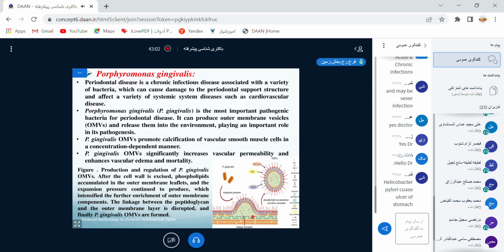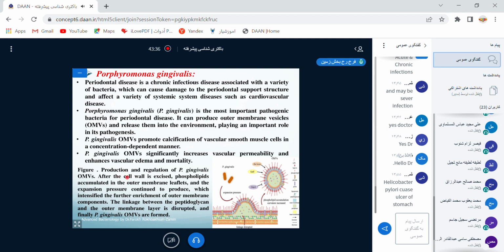So you can see this bacterium is present in the mouth and produces OMV in the mouth, and it goes to the bleeding, it goes to the blood, and it goes to the heart, and by calcification of muscles and by production of vascular edema may be causative for mortality of the patient.